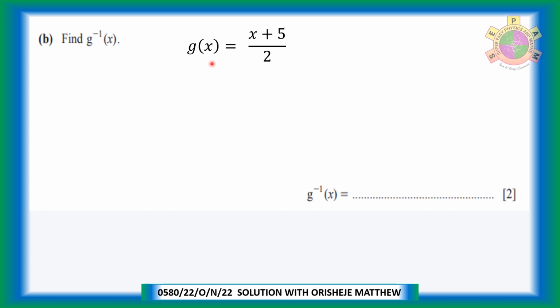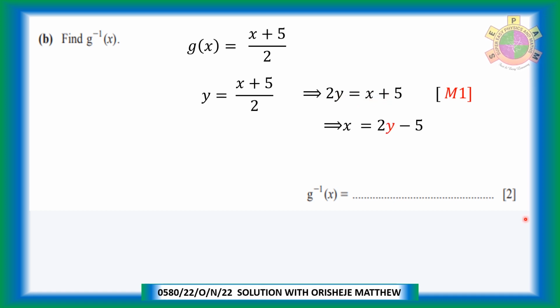So how do you get the inverse function? What you need to do is replace g of s with y. So what we need to do is make s the subject of the formula. So you have 2y is equal to s plus 5. So s is equal to 2y take away 5.